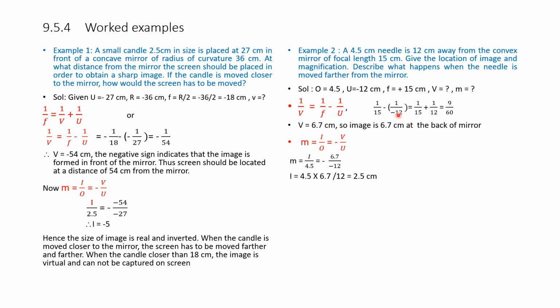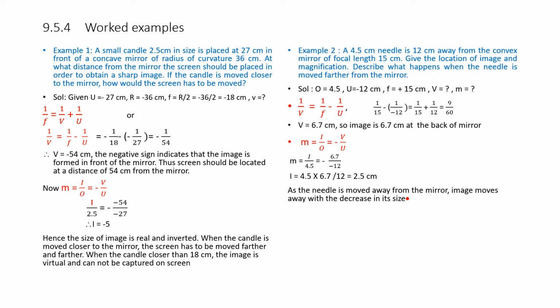You see, in a convex mirror, the height of the needle is reduced from 4.5 centimeter to 2.5 centimeter. The image is diminished. As the needle is moved away from the mirror, the image moves away with a decrease in size.